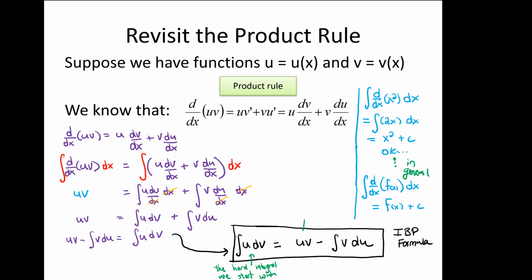The u times v is some function, so a function gets spit out, and then the v du, that's a new integral that might be easier to solve.